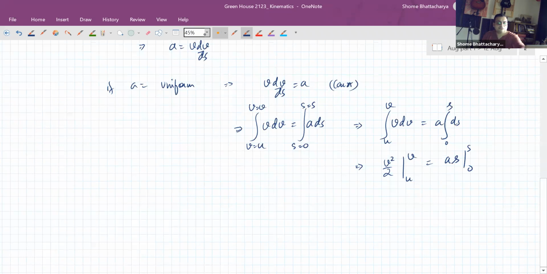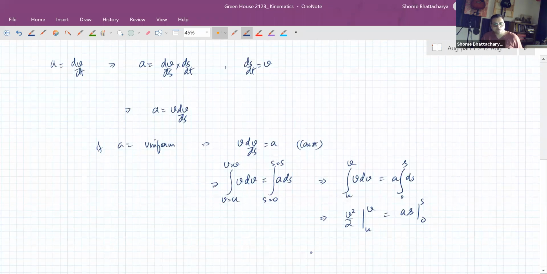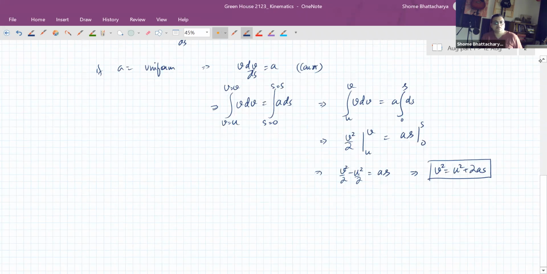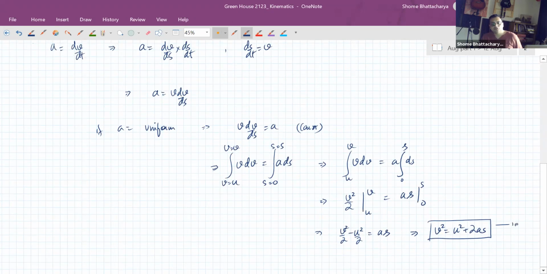I'm just doing this one in a little bit more detail because we did this towards the end of the last lecture, so you may not have paid attention to all the steps. From this relation we get the relationship between instantaneous velocity and displacement s, which is the third equation almost.